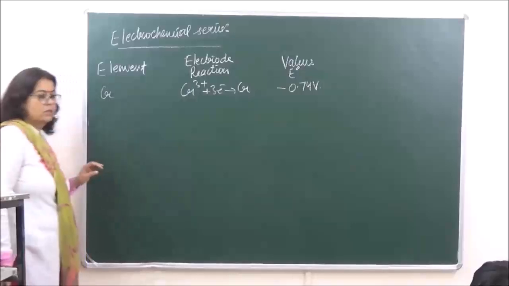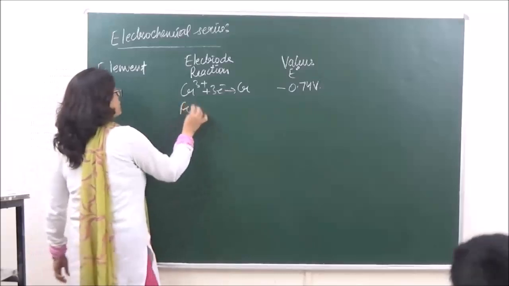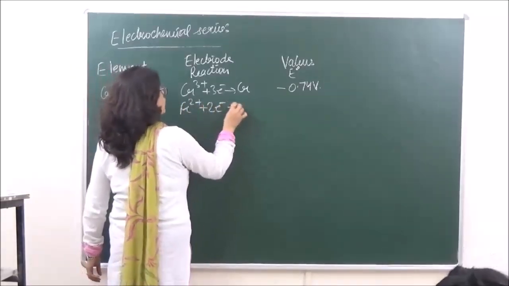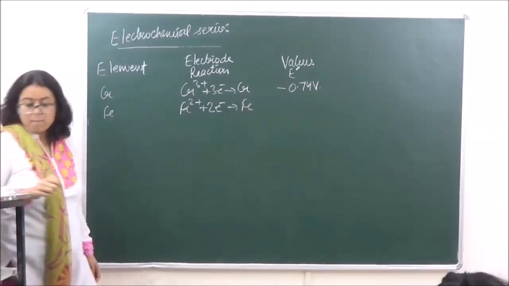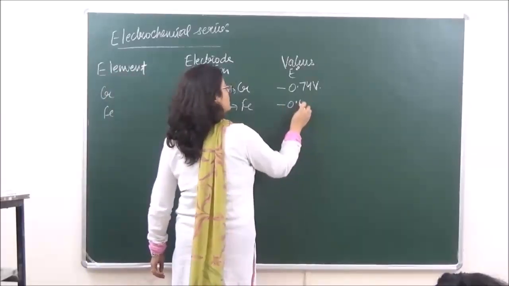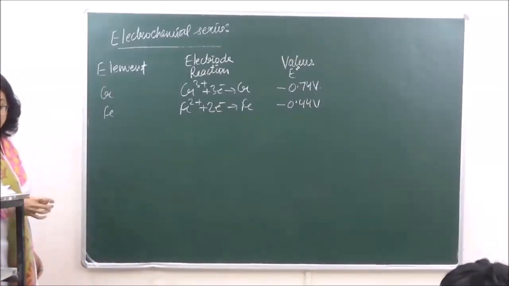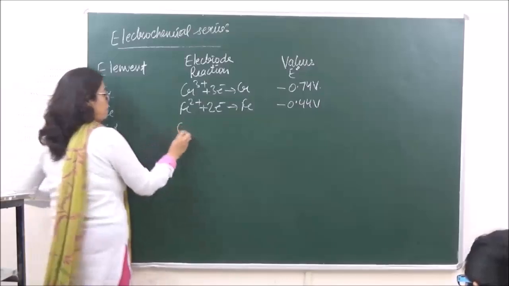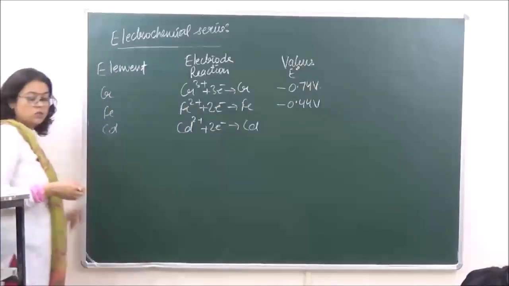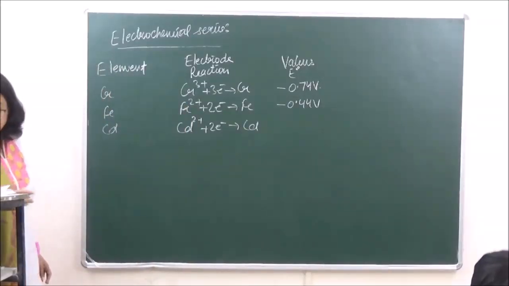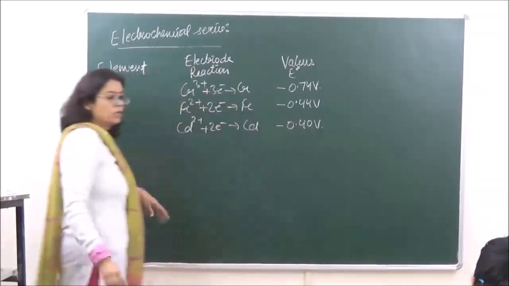The value is minus 0.74 volts. After chromium is iron: Fe2+ plus 2 electrons to give us iron, and the value of iron is minus 0.44 volts. Then after iron is cadmium: Cd2+ plus 2 electrons to give cadmium, and the value of cadmium is minus 0.40 volts.